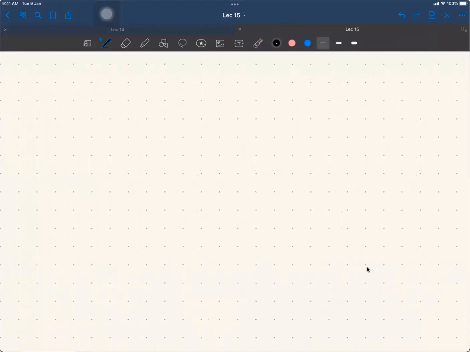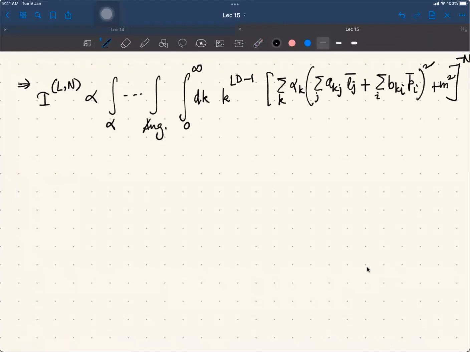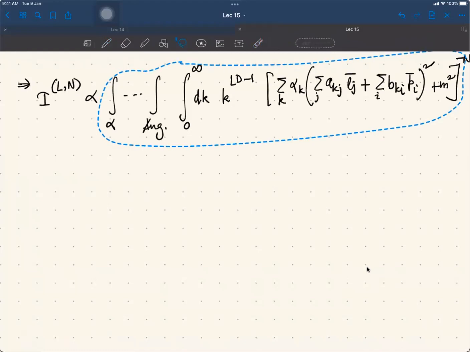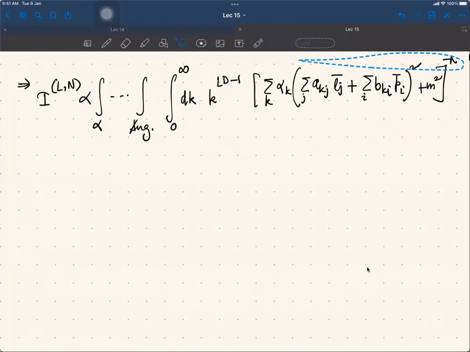Therefore, now let us look at how this integral I L comma n is proportional to this alpha integral, and then there is an angular integral, and then there is this dk radial integral, k to the power LD minus 1 times sum over k alpha k, to the power minus n.